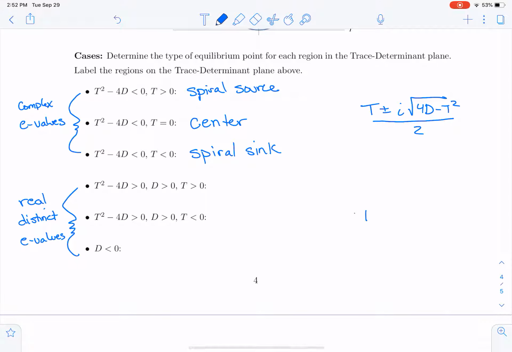Here, my eigenvalues look like t plus or minus the square root of t squared minus 4d, over 2.